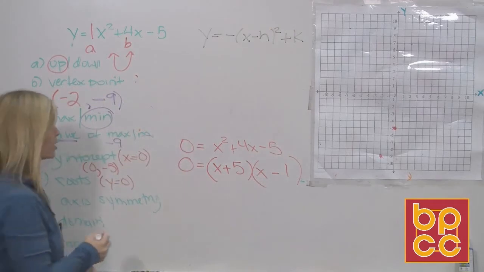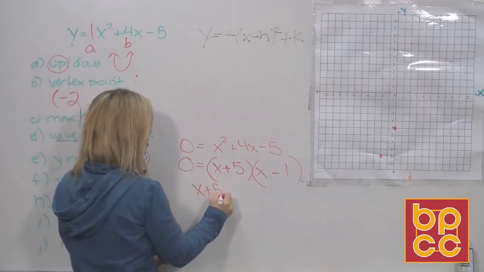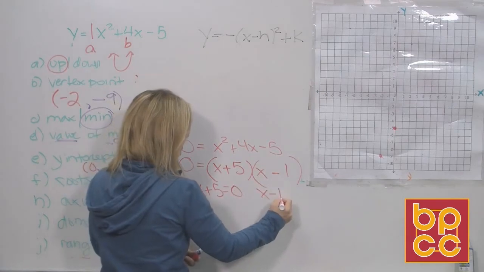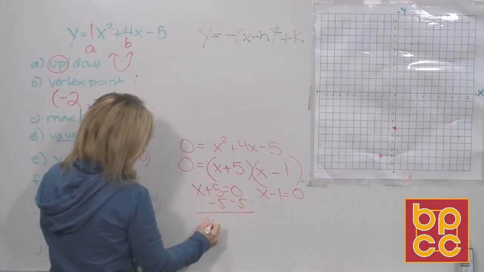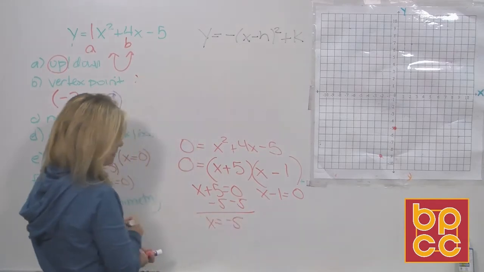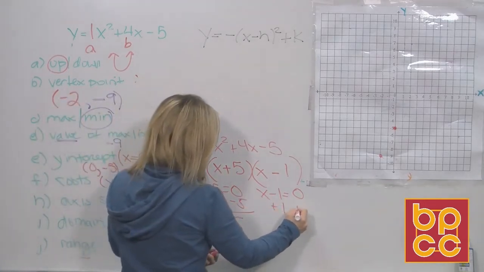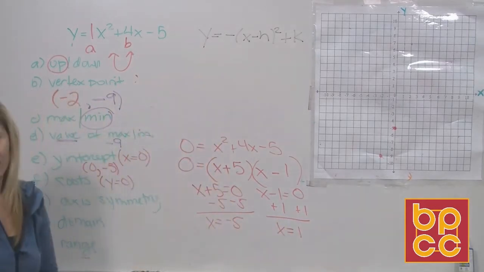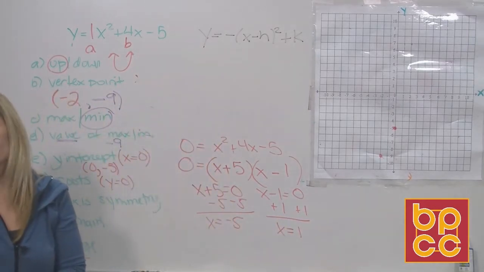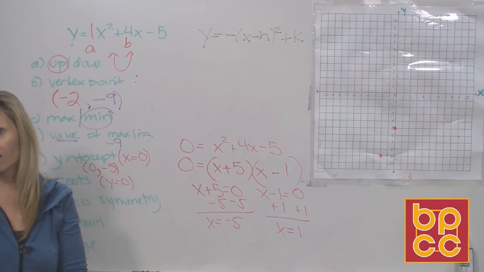When you factor a quadratic, you make 2 linear equations. So we set each of these equal to 0 and solve for x. One solution is x is -5. One solution is x is 1. So you're going to have to go back and review Module 3 on solving quadratic equations to graph parabolas.